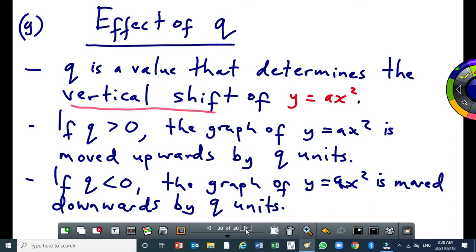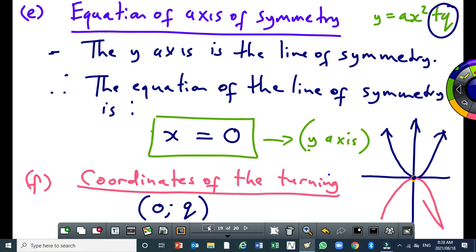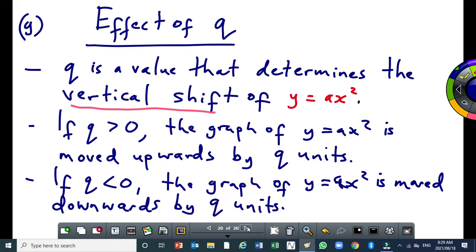Now, in grade 11, just to give you more information, this turning point will no longer have x as 0 because we will be able to move the graph to the left or to the right. And the general equation will change. It will become slightly more complex. But that's for next year now. Right? Okay, so let's move on to sketch.